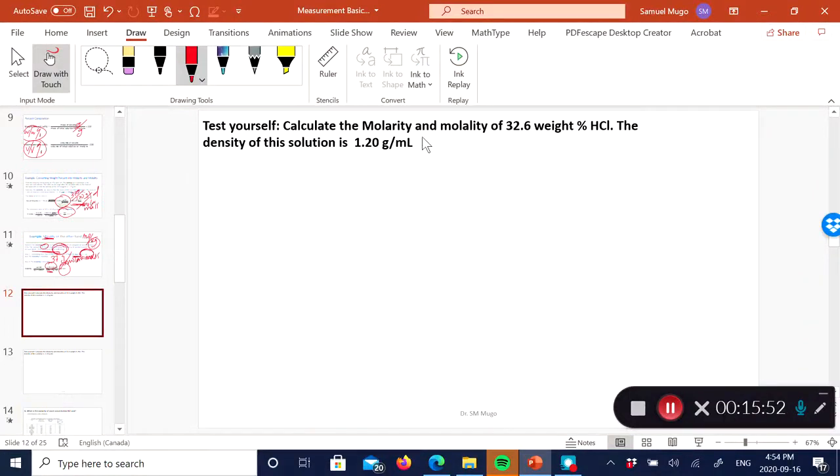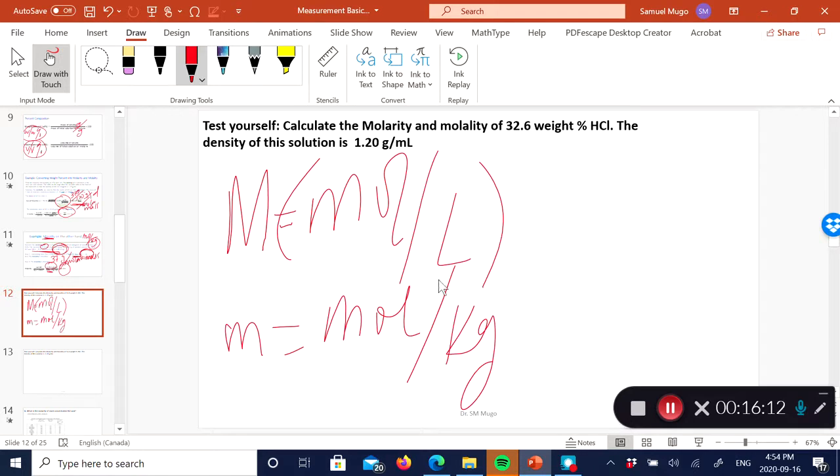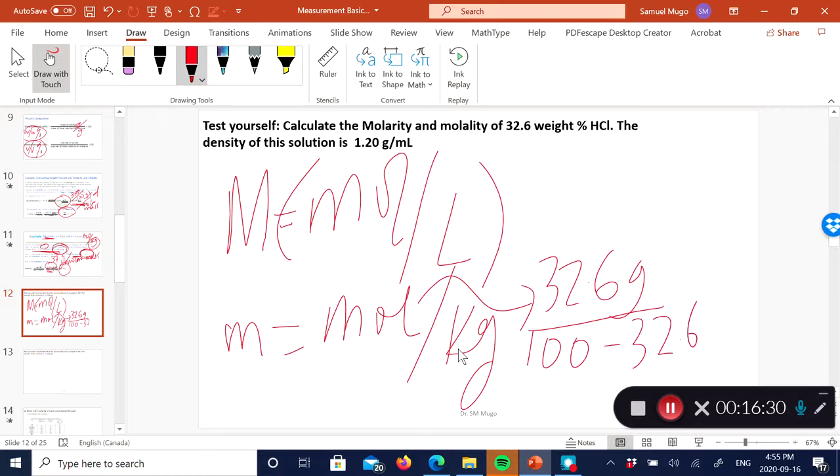Maybe at home you can do this problem: calculate the molarity, the molar concentration, which is moles per liter. And then also calculate the molality for that problem, which is moles per kilogram of the solvent. Okay, and I hope it's fairly clear. In this case, 32.6 grams are present, and 100 minus 32.6 would be the grams of the solvent.